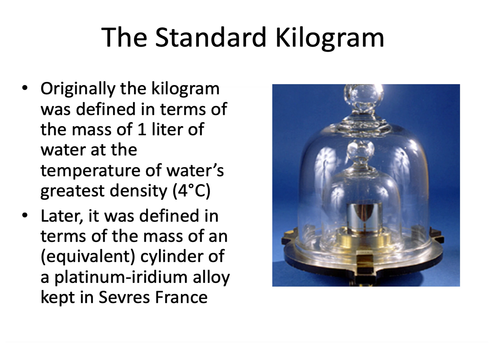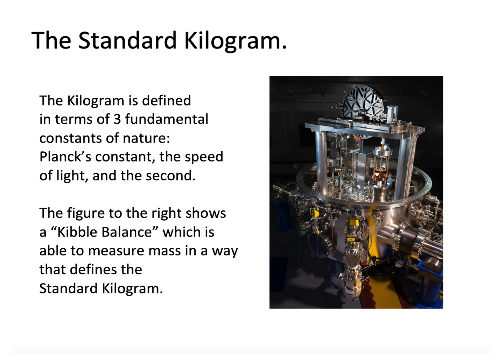And for hundreds of years, that was the standard mass. Different countries would send their own version of that to Paris and compare it against the actual standard mass unit to make sure everybody was in sync with each other. But that was the standard for many years.